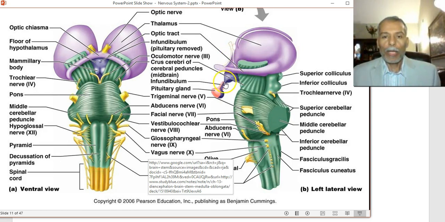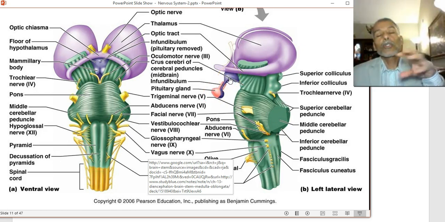The hypothalamus has a gland that is hanging down from it, called the pituitary gland. It is basically a pouch where the hypothalamus produces hormones and stores them.